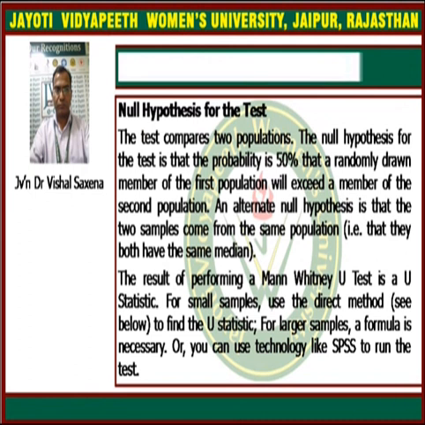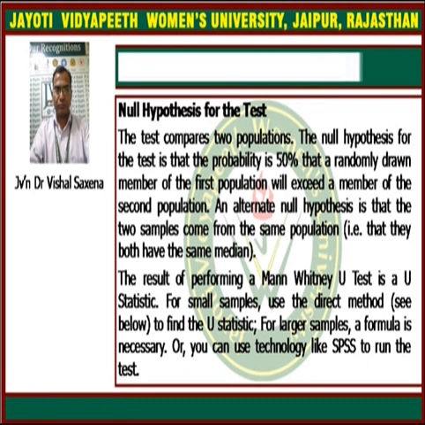So next we take the null hypothesis for this test. The test compares two populations. The null hypothesis for the test is that the probability is 50% that a randomly drawn member of the first population will exceed a member of the second population. And the alternate hypothesis is that the two samples come from the same population, that is, that both have the same median.